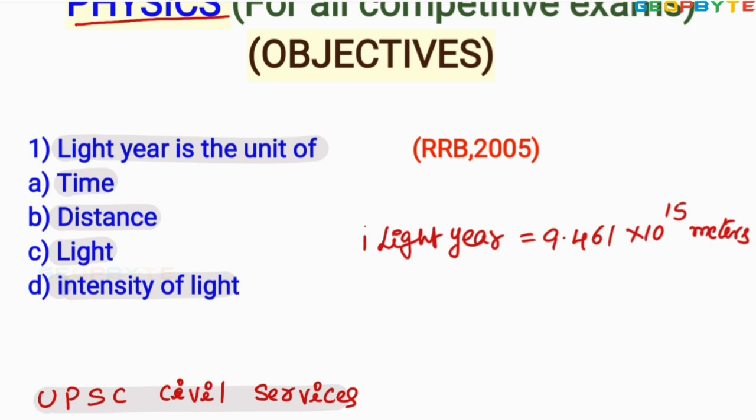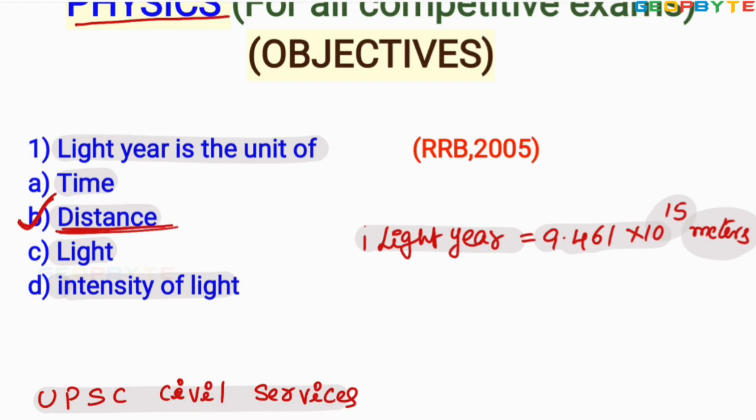You know, meter is the unit of distance, and 1 light year equals 9.461 into 10 power 15 meters. Therefore, the light year is the unit of distance. Option B is absolutely correct. I hope you clearly got my point.